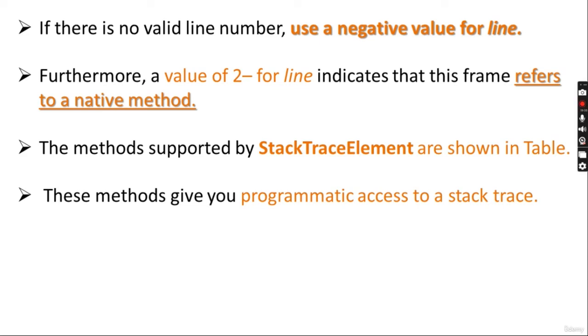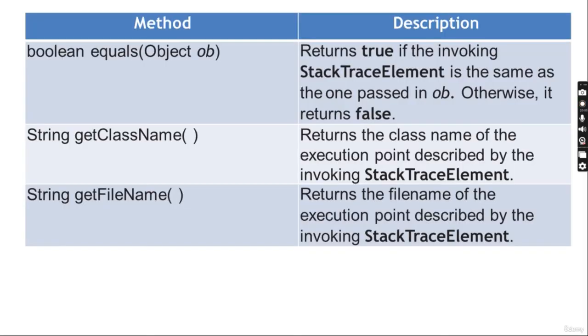Okay, if you have -2 as the line number, you have a native method in your Java application. The methods supported by StackTraceElement give you programmatic access to the stack trace.